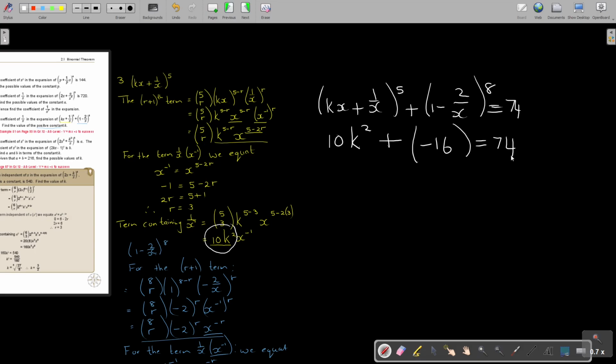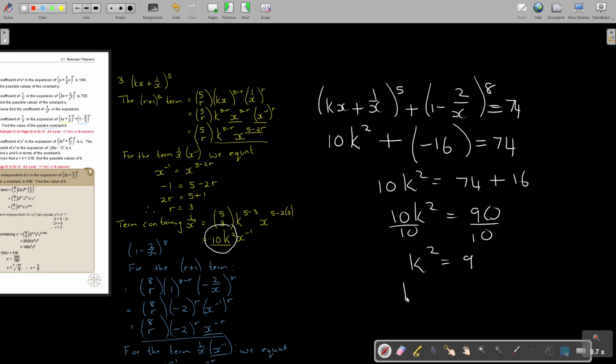Okay, so it's actually 10k squared equals that 74 plus 16. Okay, so I will have 10k squared and 74 plus 16, that's going to be 90. Okay, so I divide by 10, I divide by 10, I get k squared is equal to 9. So k is equal to plus minus the square root of 9, which is plus minus 3.